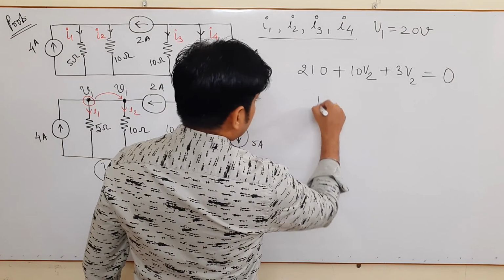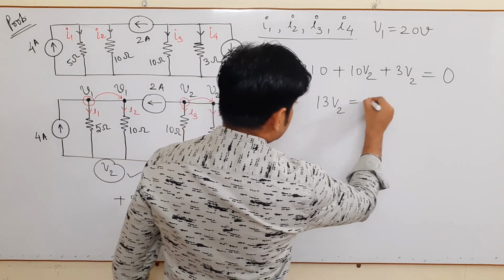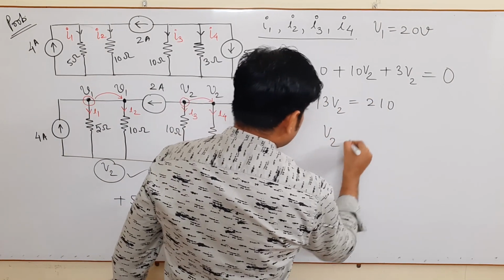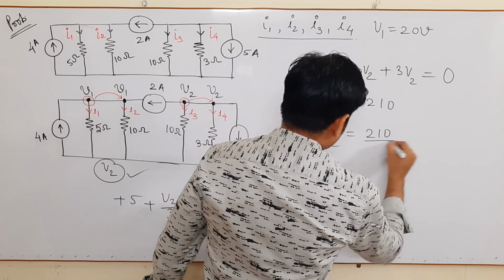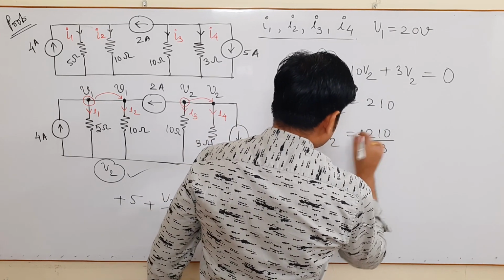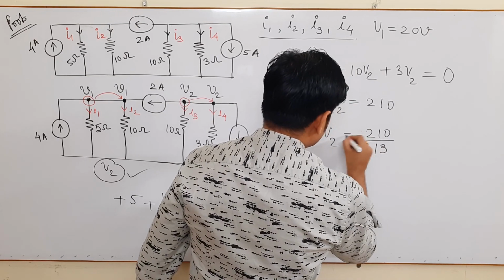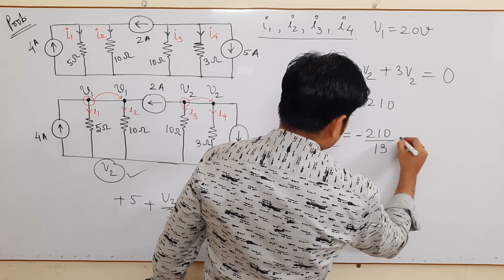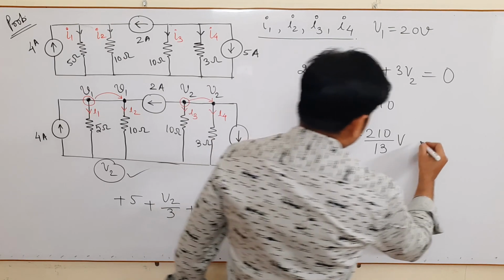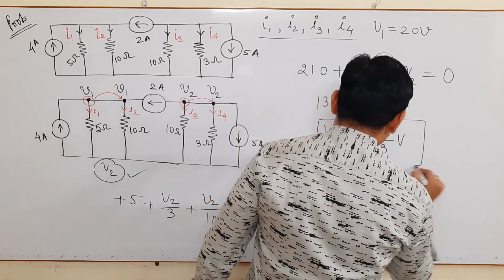So that comes to be around 13 V2, that is 210. So you can say V2 is equal to 210 upon 13 minus, very important thing, it is minus of volt. So this is the value of V2.